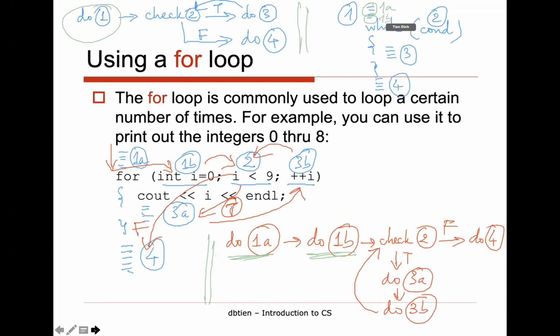The 1B here is also done before the checking. So in the for loop, it splits into 3 parts separated by semicolons before it goes into the body of the for loop. Comparing to the while loop, the number 1 now has been split into 2 parts. We call them 1A and 1B.